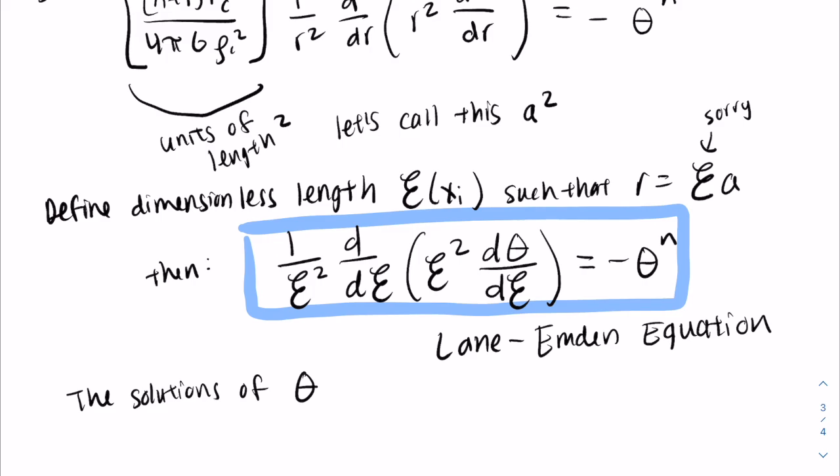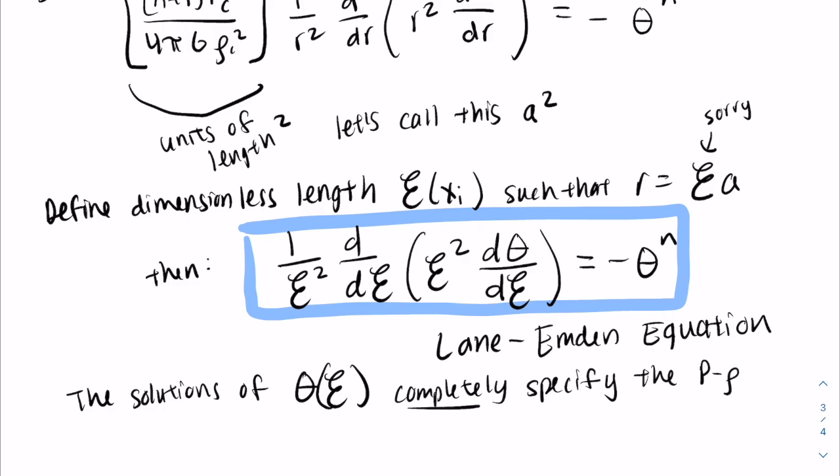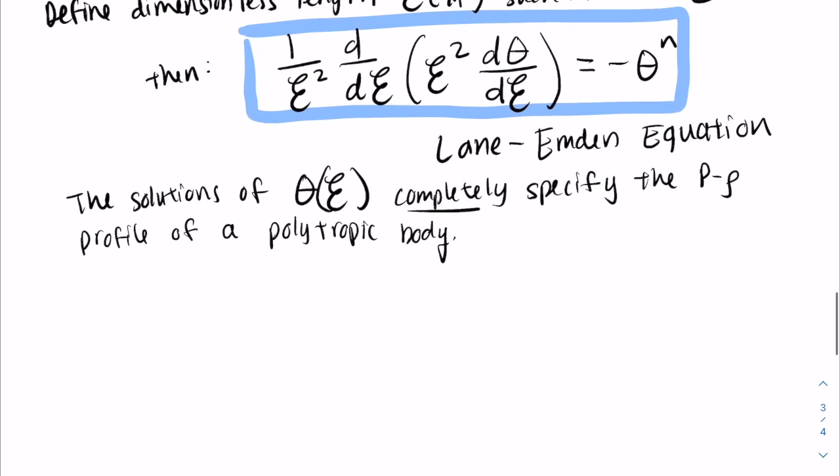So the idea here is if you assume that an object has a polytropic equation of state, and what I mean by that is just that it follows the pressure equals K times density to the 1 plus 1 over n, that form that we wrote above, the polytrope equation, then you can use the Lane-Emden equation to find the entire profile of the star and get its density and pressure at every radius with just specifying the coefficient k and the exponent n.